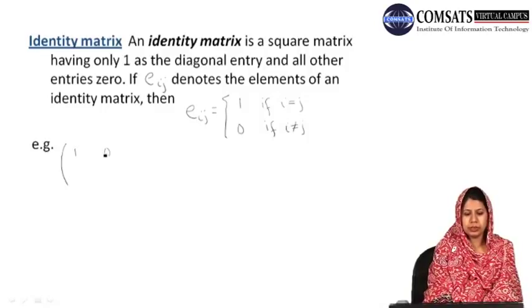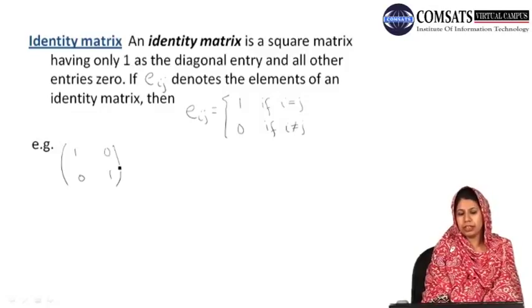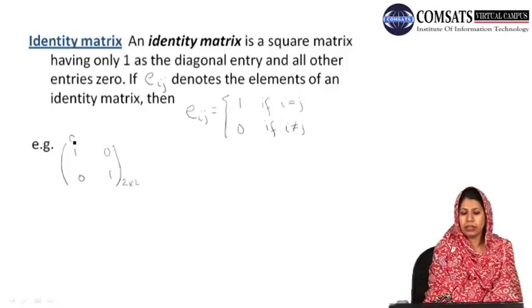For example, if we have our matrix as 1 0 0 1, then first we have to recognize whether this is a square matrix. Yes, it has 2 rows and 2 columns, so it is a 2 by 2 matrix. What are the diagonal entries? That is A11 and A22. Both are 1 here. Whenever i equals j, A11 is 1, and when i is 2, A22 is 1. And what do we have to do with the other entries?